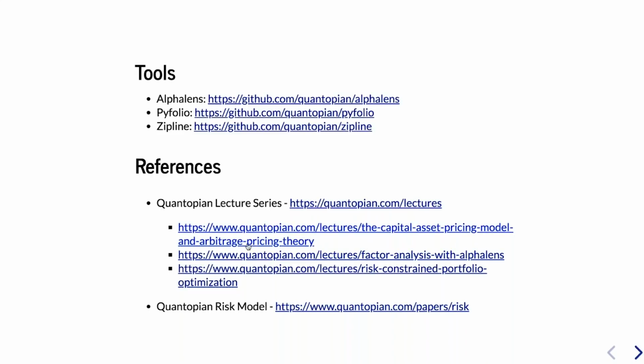This is the Capital Asset Pricing Model and Arbitrage Pricing Theory lecture, which looks a little bit at the root development of the CAPM and of arbitrage pricing theory, this notion that we can decompose a return stream into individual factors. There's Factor Analysis with AlphaLens, which is a lecture on analyzing individual factors and their predictive power using the AlphaLens tool.